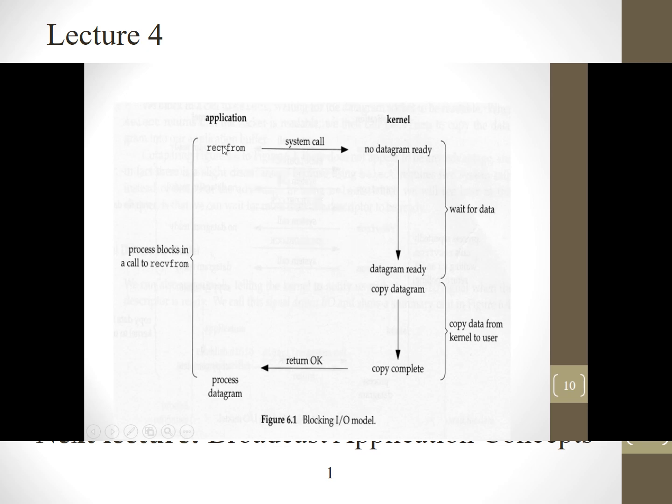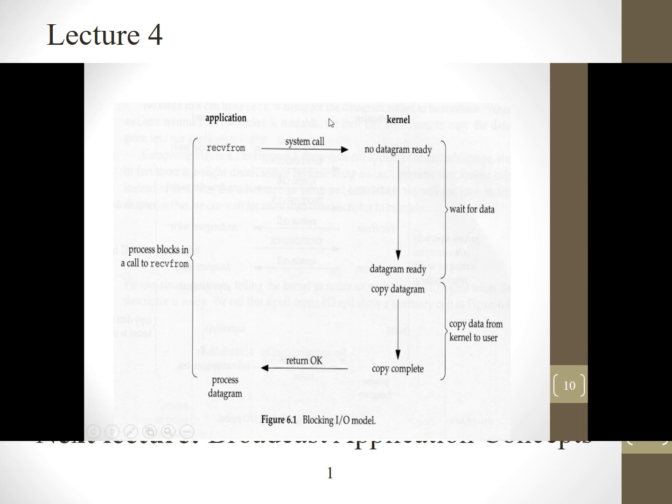If you look at the left side, we said this is the application side, and on the right side we said this is the kernel. What happens is the application program wants the data to be copied from the kernel and come back up to the application side.